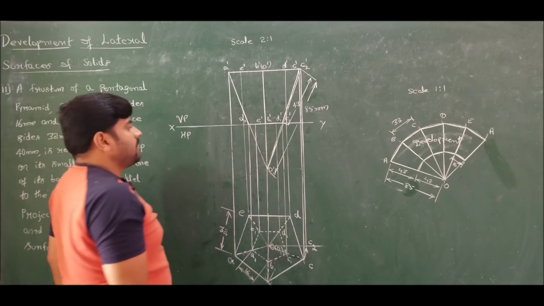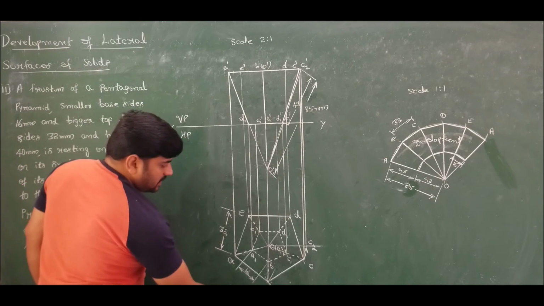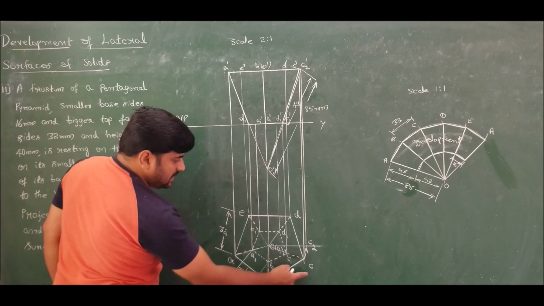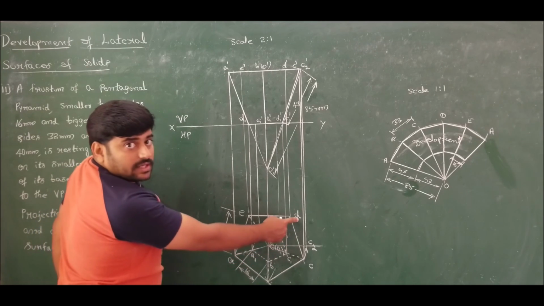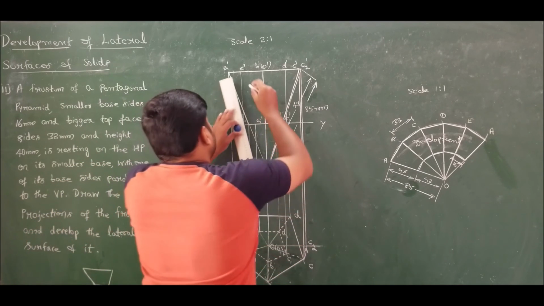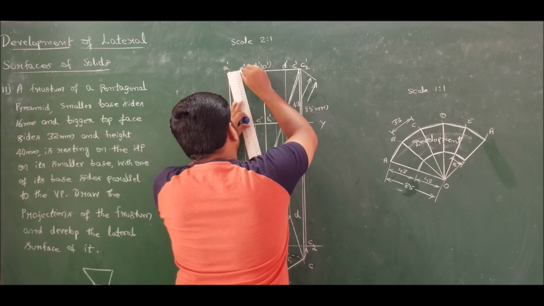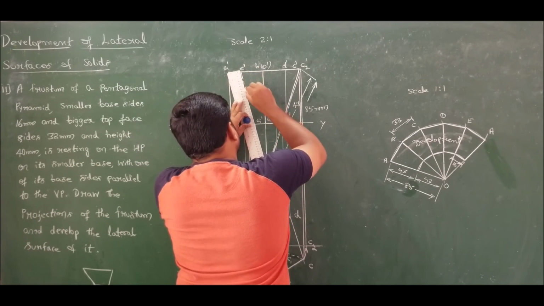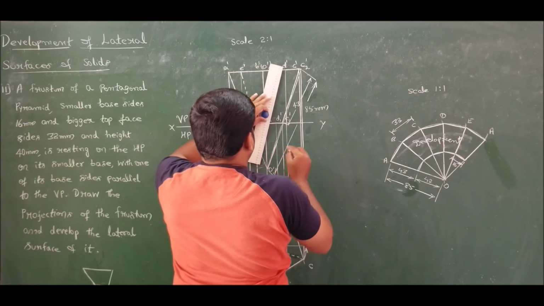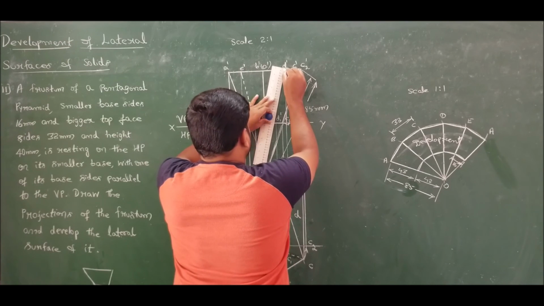Right? Now since the observer is at the bottom, you can see only A, B, C, whereas E and D are invisible to the observer. So therefore, E1 to E is invisible in the front view, and also D1 to D is invisible in the front view.